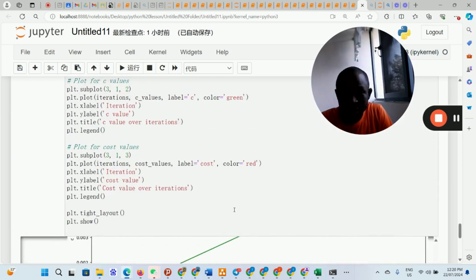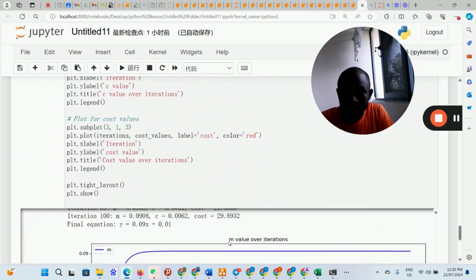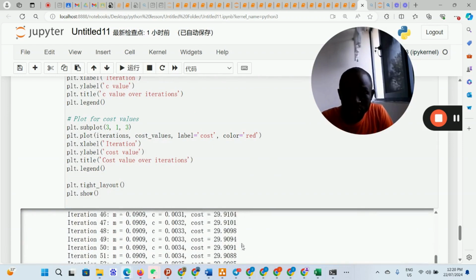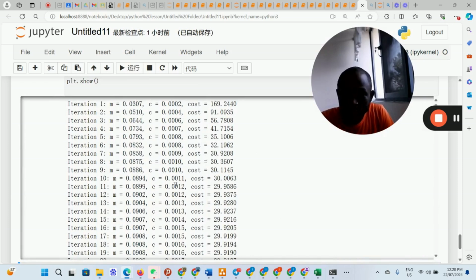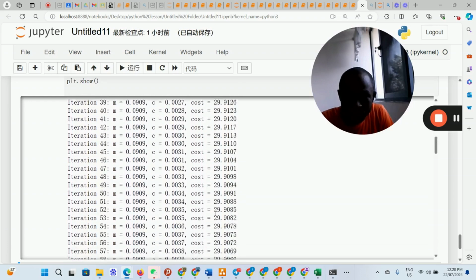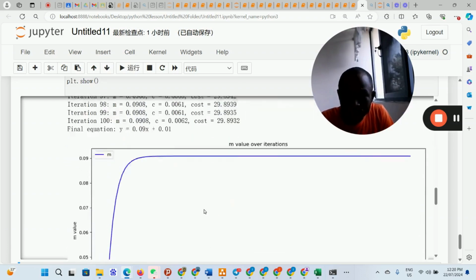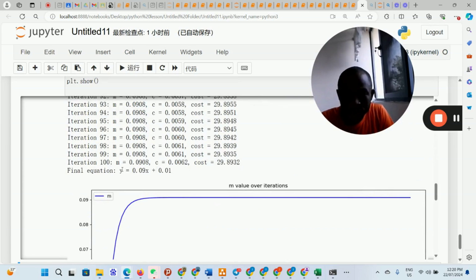That was the reason. If you look at this, let me scroll down. This is iteration 10. At iteration 10, we have 30. When it started going down to 29, it remained the same right up to iteration 100. Are we together?